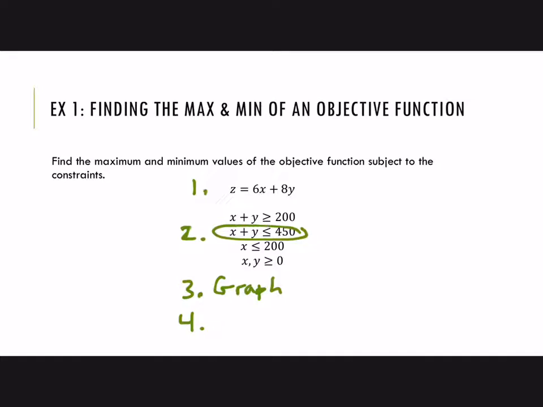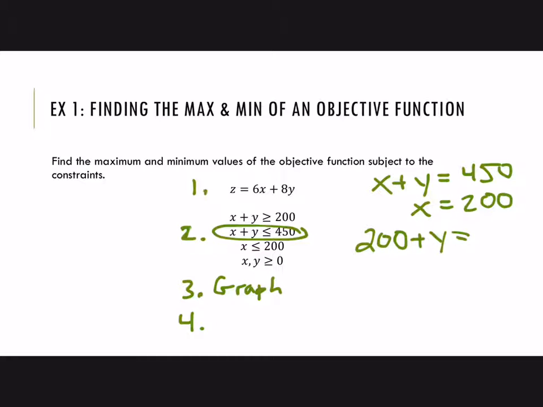Basically, I'm making a system of equations: x plus y equals 450, and the line x equals 200, and then I'm trying to figure out what y is. You can probably see this from the graph if you've drawn this accurately, but if not, use substitution. Substitute in 200 for x and solve for y, and that tells us that y is 250.